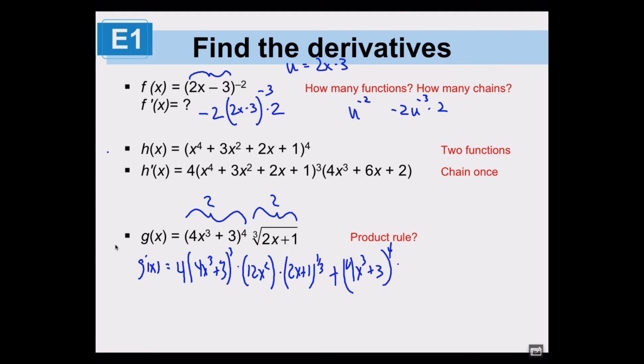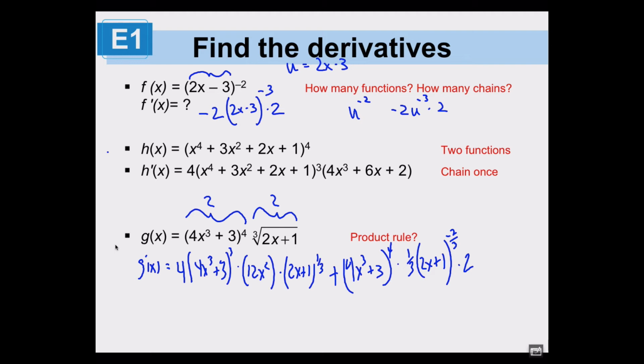1/3 times the cube root of 2x plus 1 to the negative 2/3, all times 2. Why just a 2?